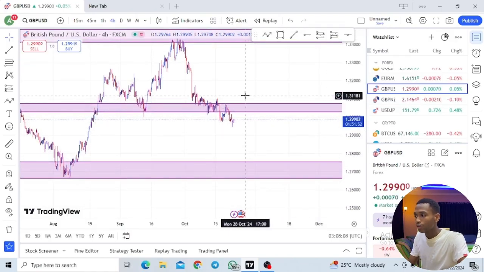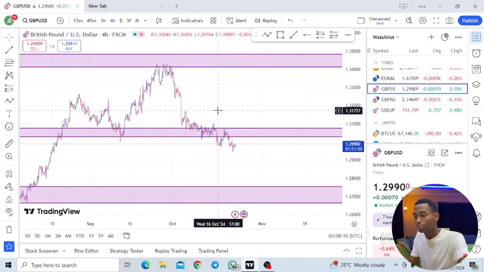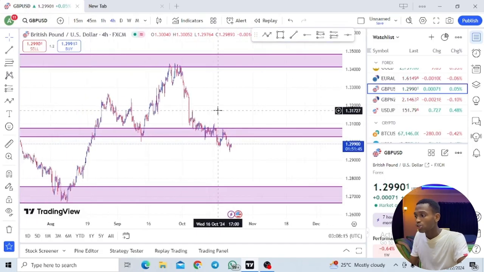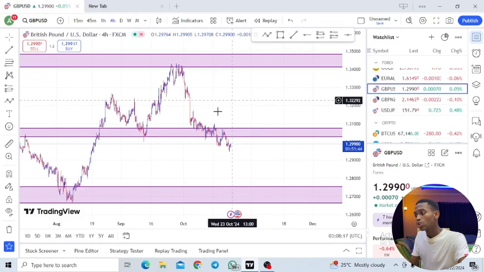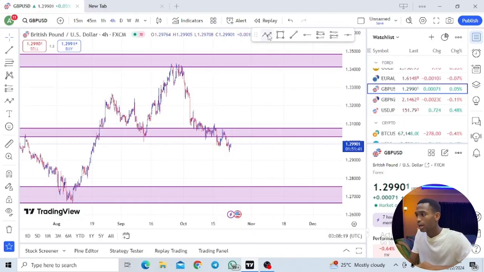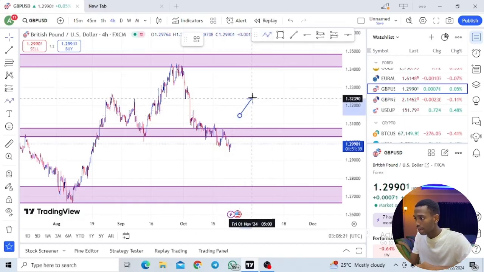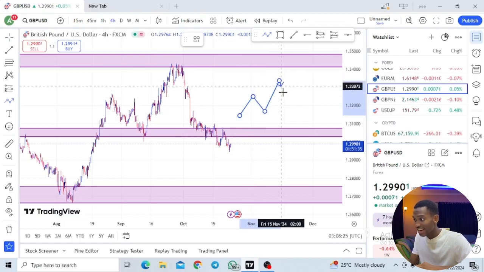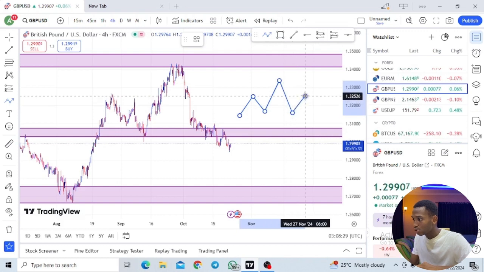Now, there is something, for those of you who study chart patterns, there's something called a head and shoulder. So a head and shoulder literally looks like this. So this is the left shoulder, and then this is the head, then it comes back down here again, and then this is the right shoulder.